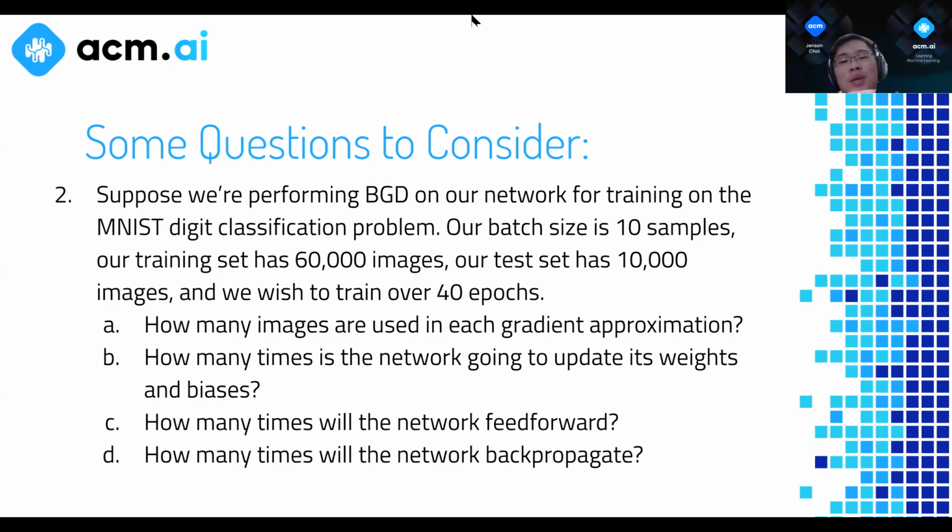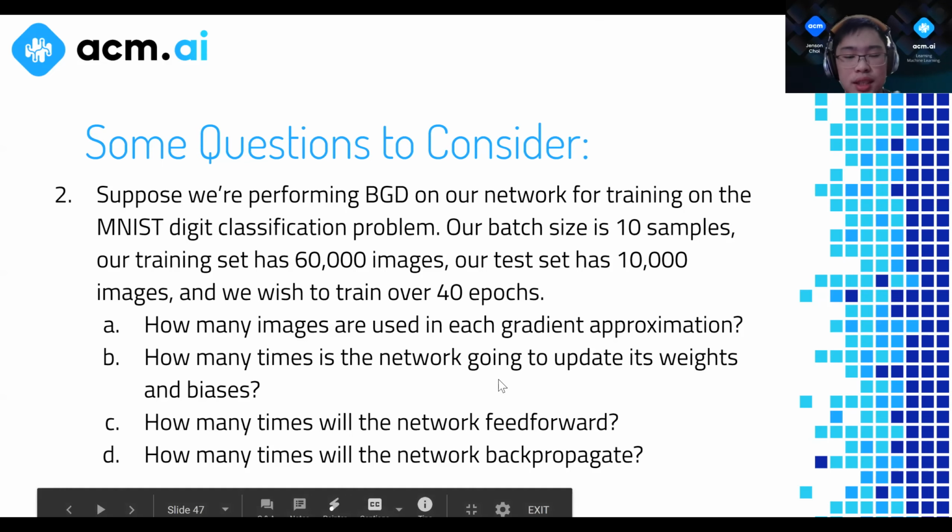Some of you might be confusing the test data set with the validation set, because for validation, we do run it after every epoch, I believe. But for the test data set, we only want to run it once after. We only want to evaluate our model once after the training is done. So yeah, hope that clears things up a little bit.